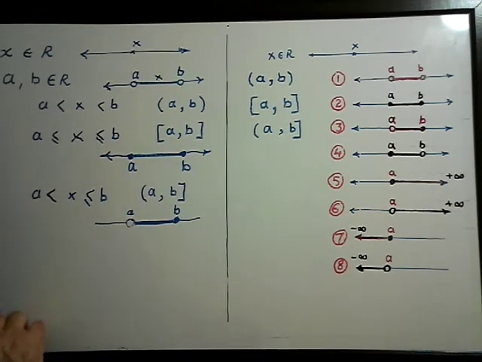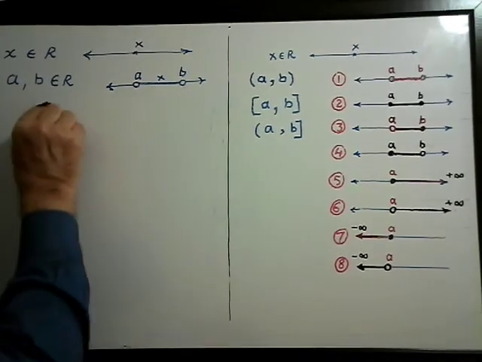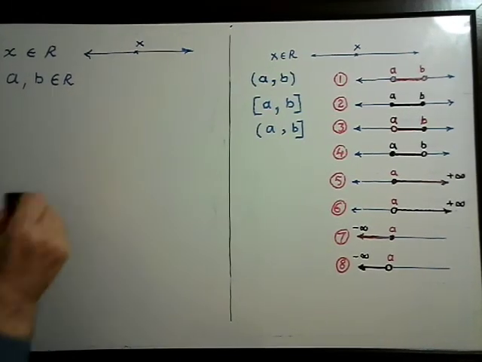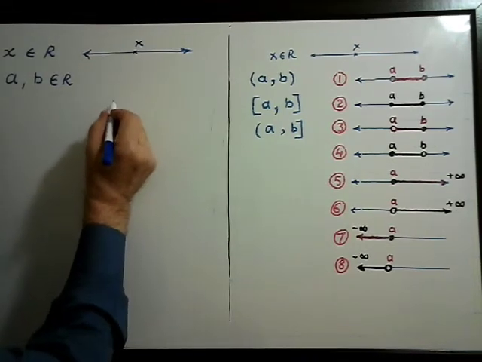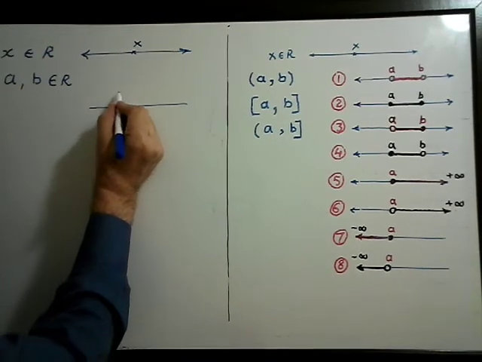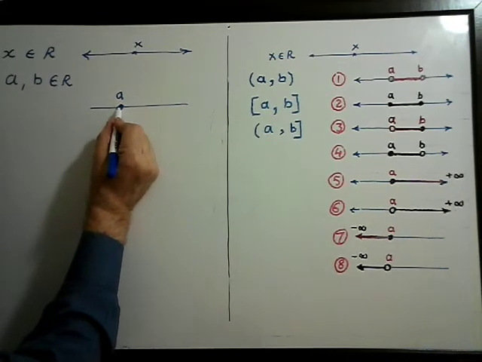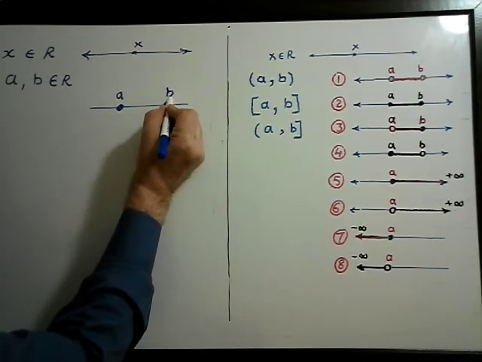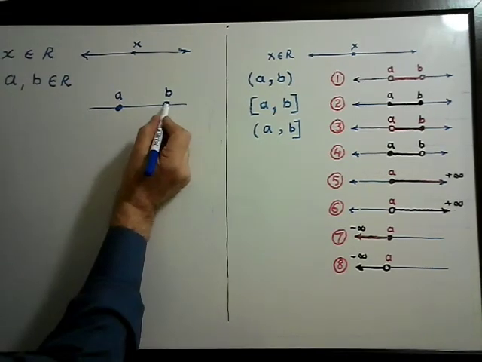Let us see number 4. For number 4, we can see it's closed at a, at the beginning of the interval. At a it's closed, that's why we make a closed circle here, and open at b, so we refer to it with an open circle.